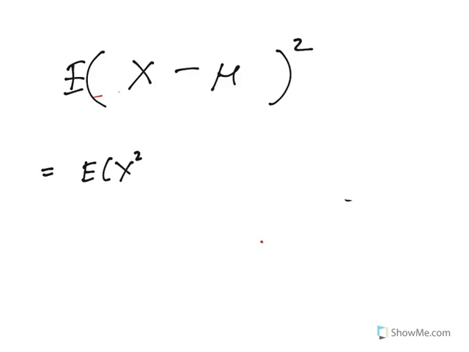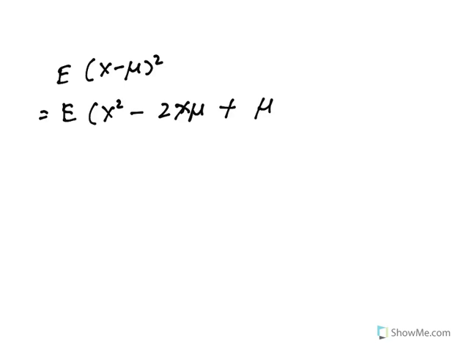This is also the same as E of X square minus E of X, whole thing squared. You know why? Very simple. The variance is E of (X minus mu) squared. By definition, this is E of X square minus 2X mu plus mu square.